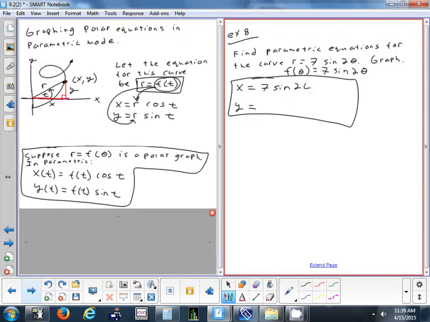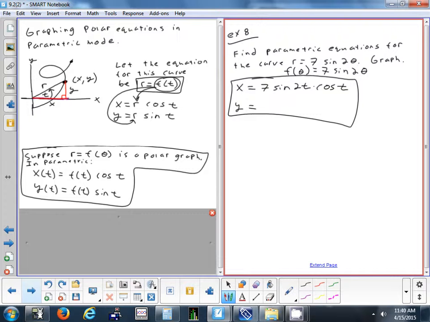Great. That's the formula for your radius. Now, when you're writing it parametrically for the x one, all we want is the x value of it, the horizontal component. So multiply that by cosine. So that takes care of the horizontal. Now we have to do the vertical.